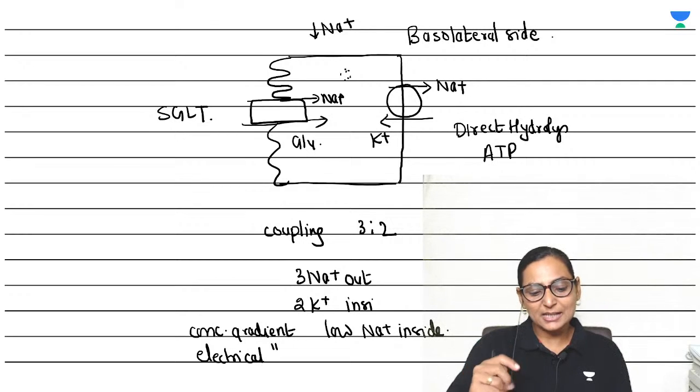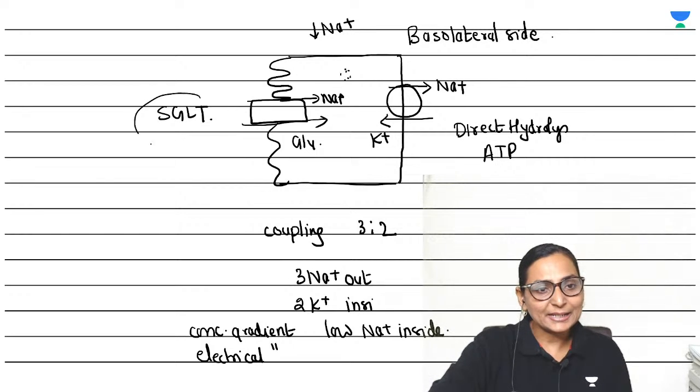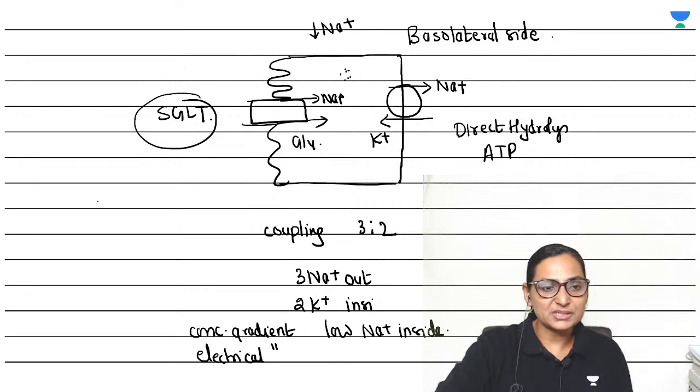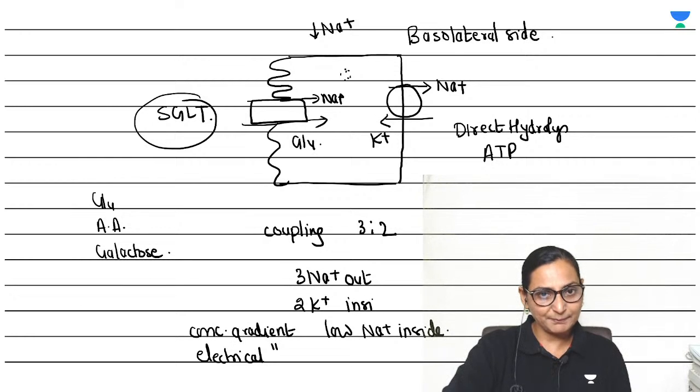These two gradients are so strong that they allow sodium to come inside the cell with a secondary active mechanism. When the sodium is coming inside, it can take along with it any other substance, which could be glucose, amino acid, galactose, or any other ions. That means direct ATP is broken down by the primary sodium potassium ATPase pump, and it is creating a gradient.